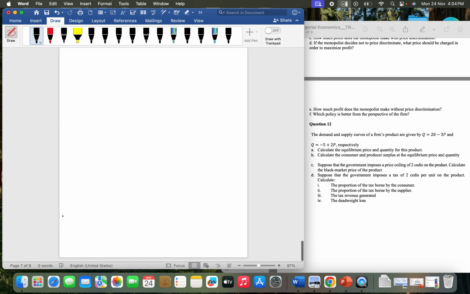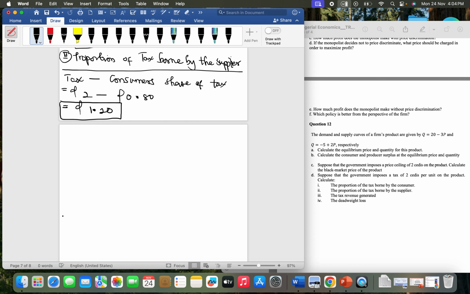So I'm moving on to the third part, the tax revenue generated. The tax revenue generated is tax times your new equilibrium quantity.